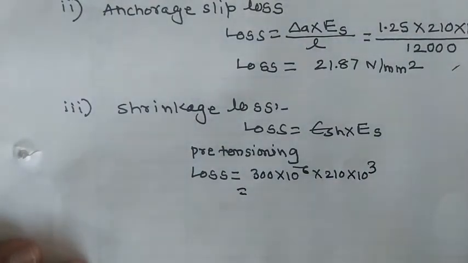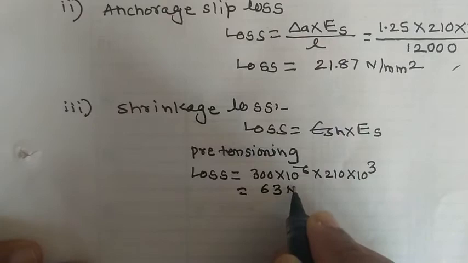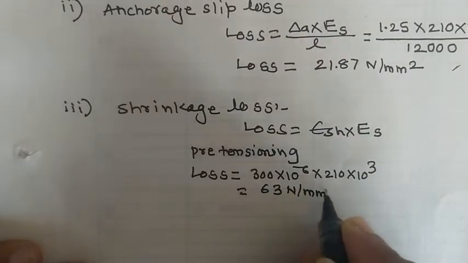So the value is 300 into 10 raised to minus 6 multiplied by 210 into 10 raised to 3. The value is 63 Newton per mm square.